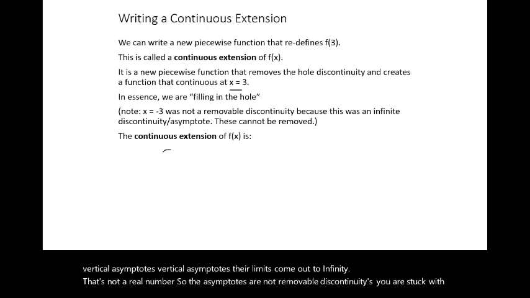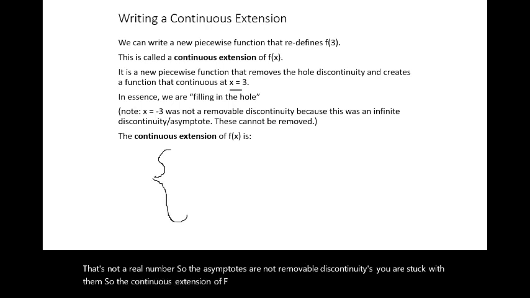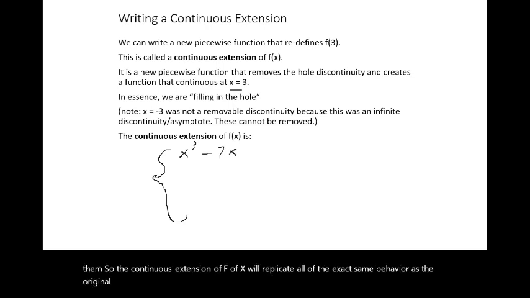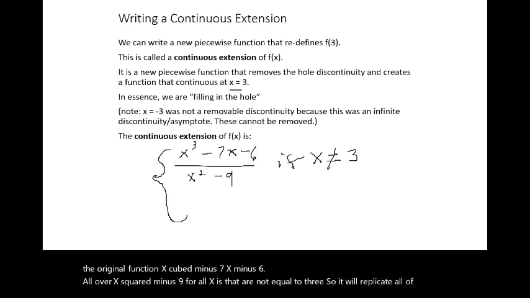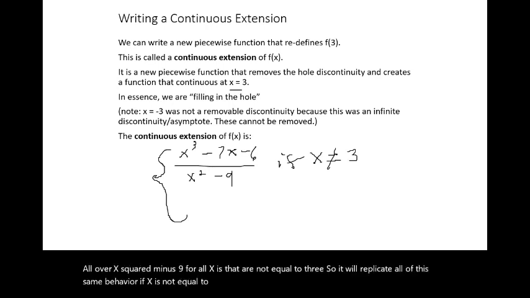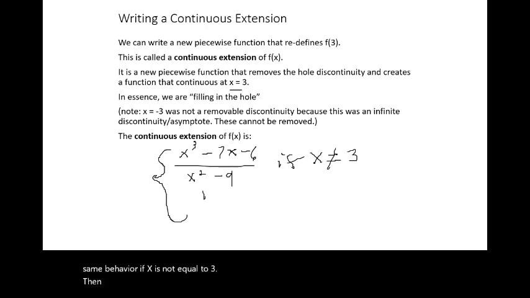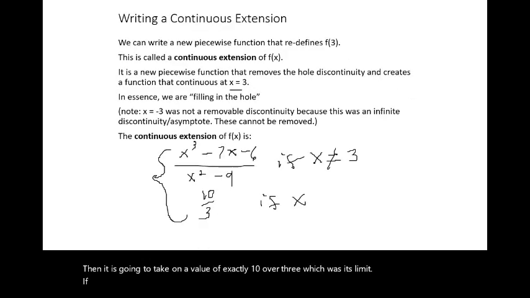So the continuous extension of f of x will replicate all of the exact same behavior as the original function, x cubed minus 7x minus 6, all over x squared minus 9, for all x's that are not equal to 3. Then it is going to take on a value of exactly 10 over 3, which was its limit, if x is equal to 3.